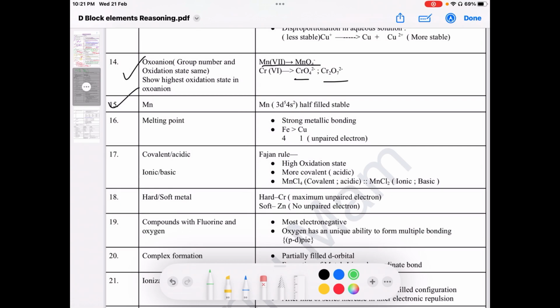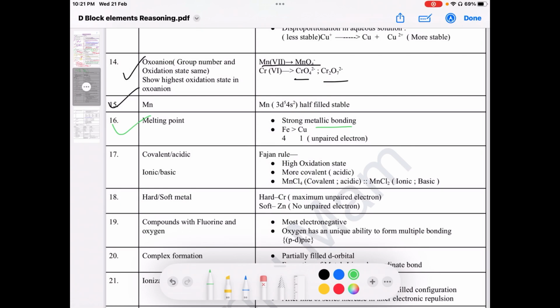Next question, on the basis of melting point. High melting point is because of strong metallic bonding, and stronger metallic bonding means more unpaired electrons.